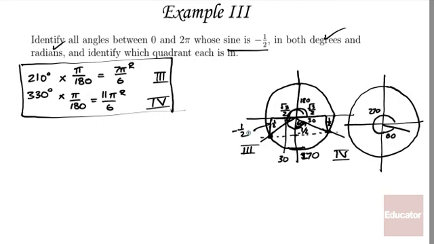So again, what this comes down to is knowing those common values. 1/2, root 3 over 2, root 2 over 2. Once you know those common values, it's a matter of looking at the different quadrants and figuring out whether the x and y values are positive or negative. In this case, we had the sine.